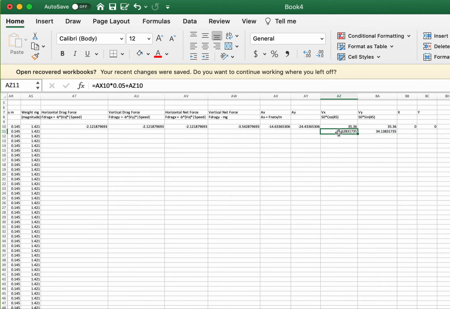Alright, now that I have those velocities, just like before, I can go on to find the new drag force. So I'll copy that column down, copy the net force calculation down, copy the acceleration down, and the process just keeps going.